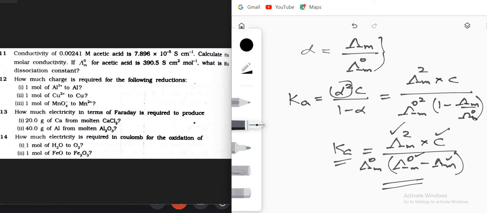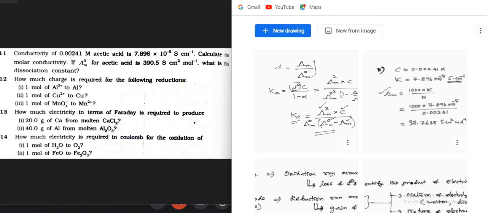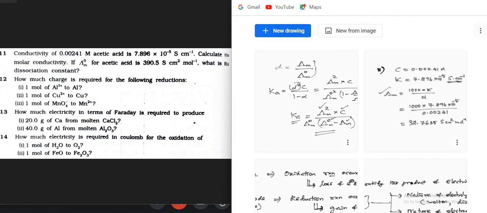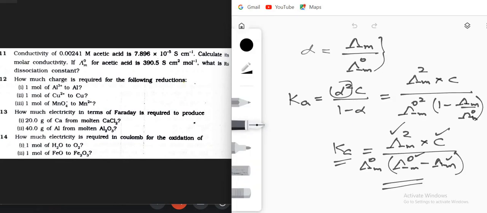We already got the value of lambda m. What is the value of lambda m? The value of lambda m is 32.7635. I am going to substitute that value in this formula.